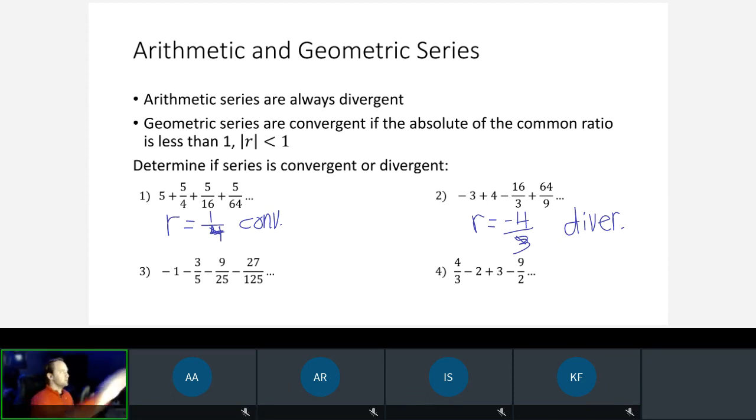Yeah. So 4 divided by the previous is -4/3. -16 over 3 divided by 4 is also -4/3.